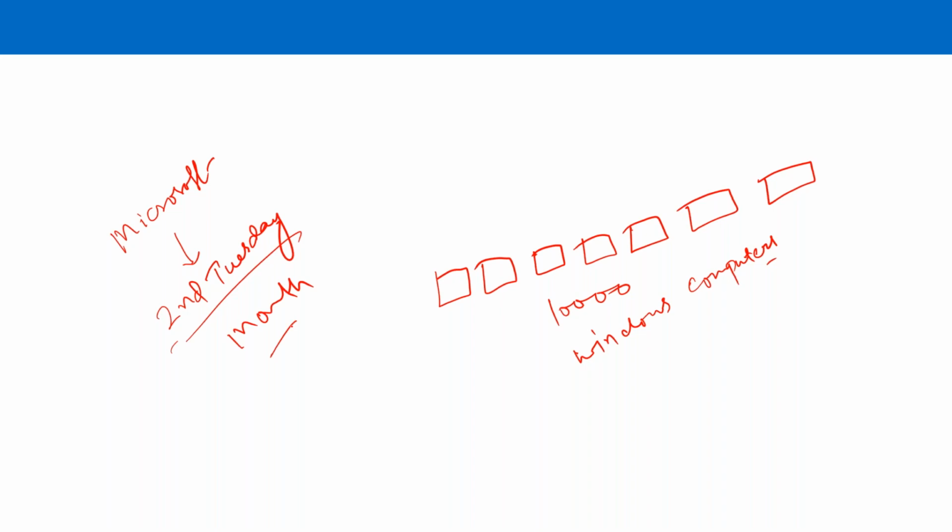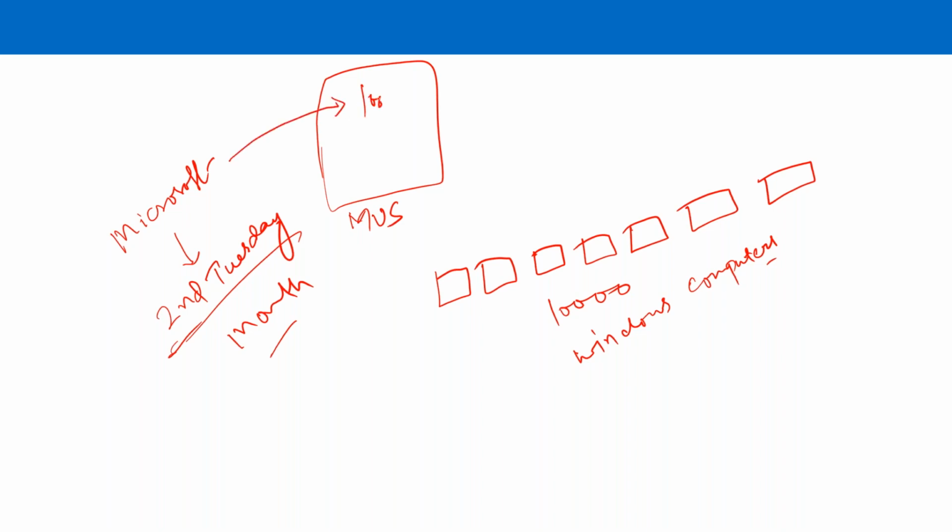So whatever updates Microsoft is releasing, they release them on their separate server, the Microsoft update server on the internet. This is publicly available, so they are dumping all the updates here.